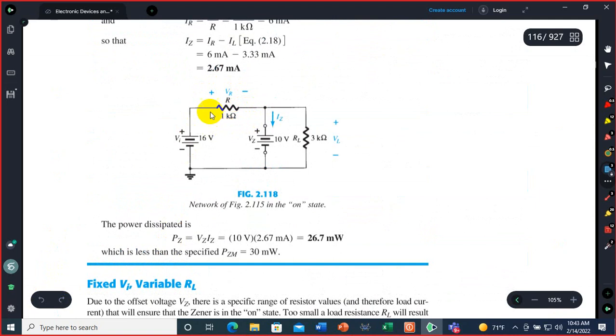If you know the maximum voltage drop allowed across R, because this is fixed, then you know what maximum value of Vi you can support, because it will be this plus this. If you can calculate this maximum value, then you can know the maximum range of the voltage source.